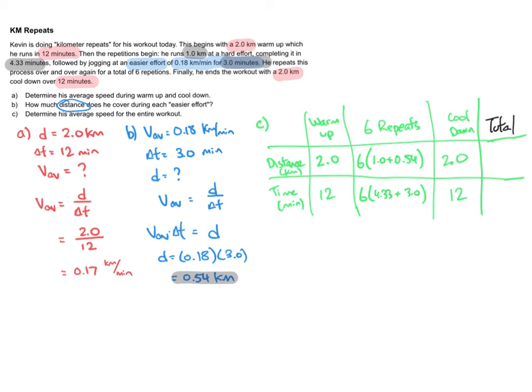So I'm getting 13.24 kilometers as a total distance. And now let's add up the times. I'm getting 67.98.